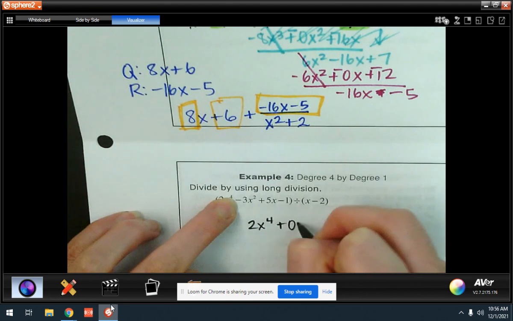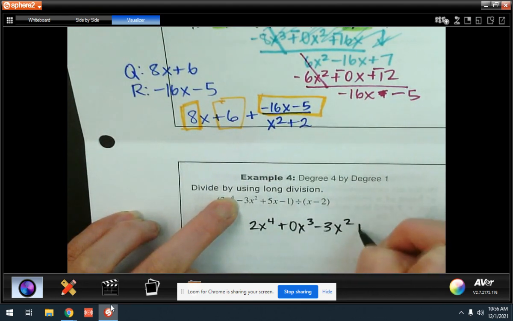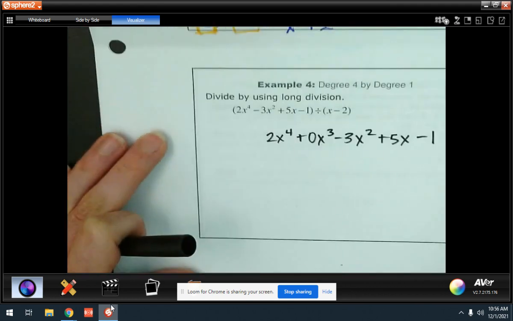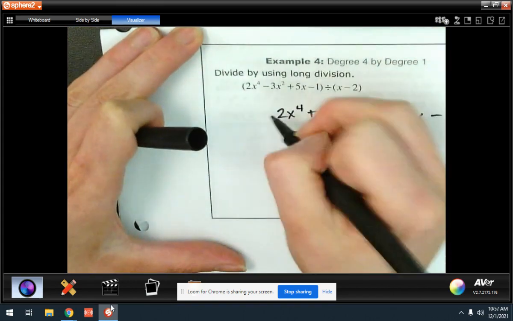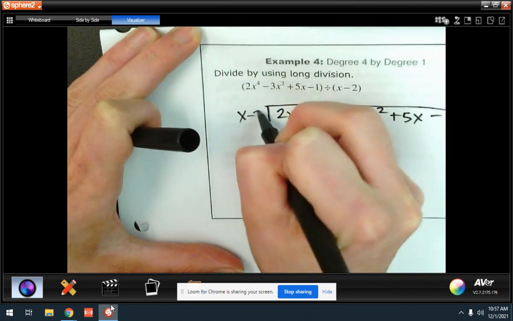So plus 0x cubed minus 3x squared plus 5x minus 1. And then our divisor is linear, x minus 2.